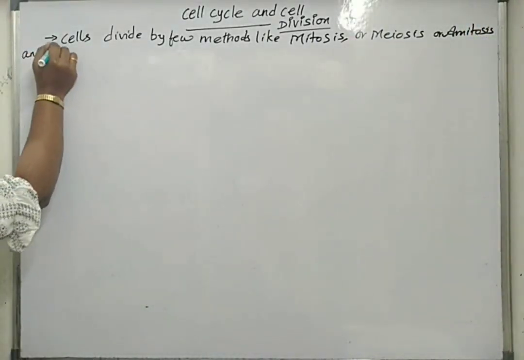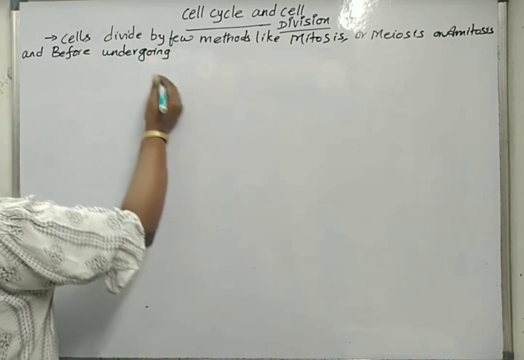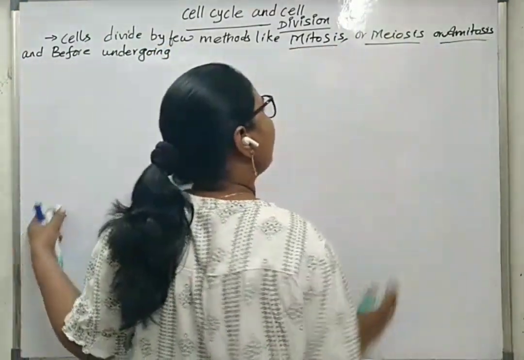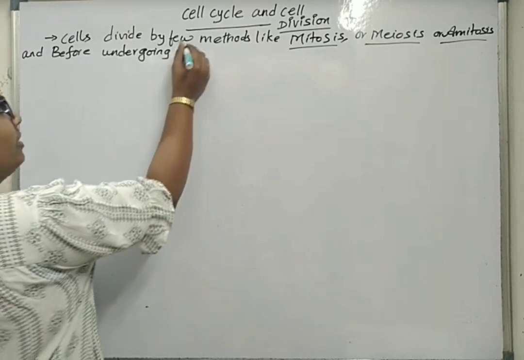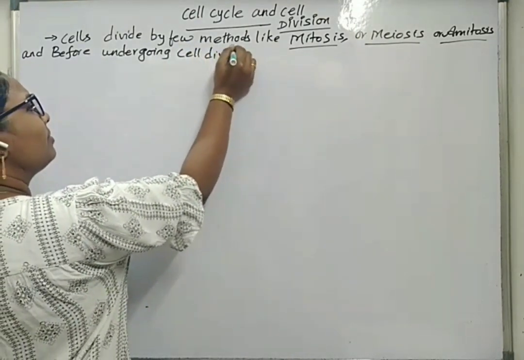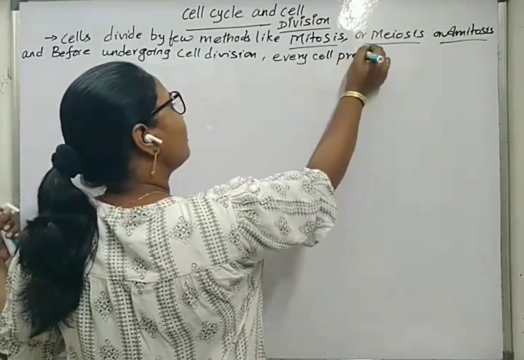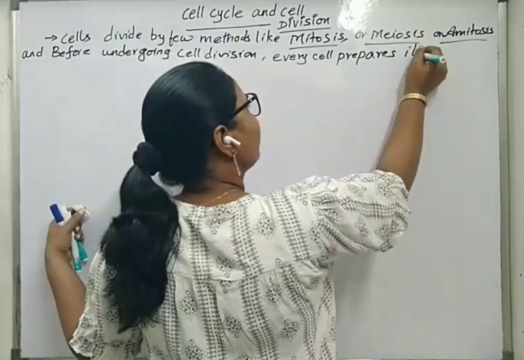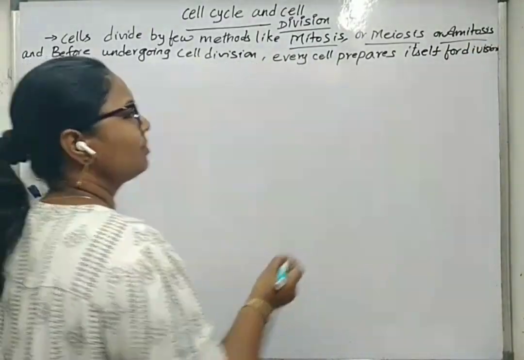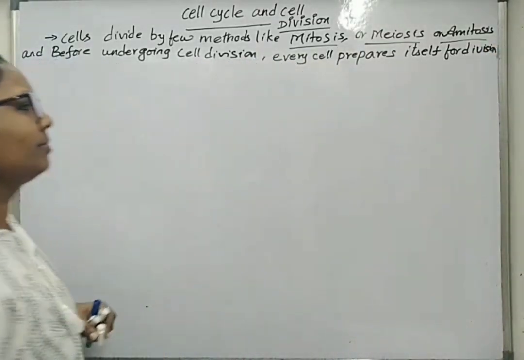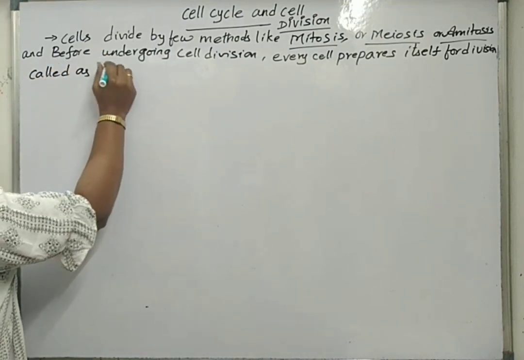And before undergoing cell division, any type of cell division, it can be either mitosis or meiosis or amitosis, every cell will undergo a preparatory stage, meaning it will prepare itself for the division. Called interphase.